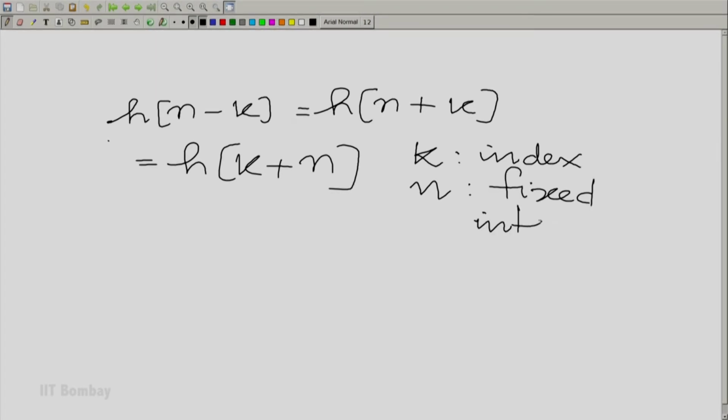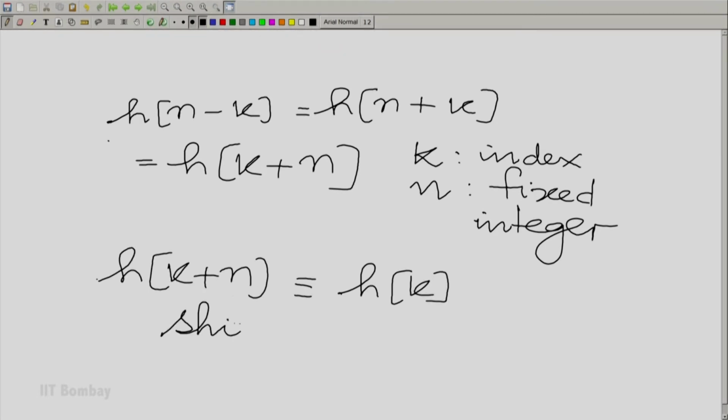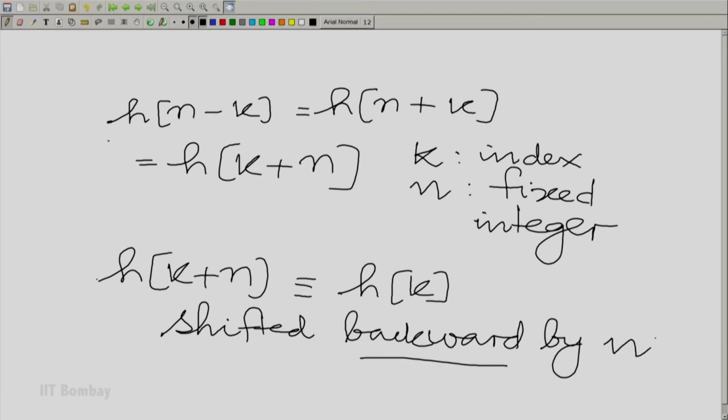You are considering a particular value of n. Now, h of k plus n is essentially h of k shifted backwards by n. And then we are making a replacement in h of k plus n with k replaced by minus k.